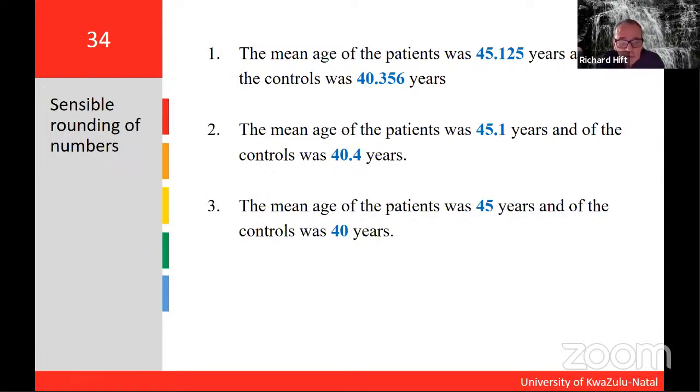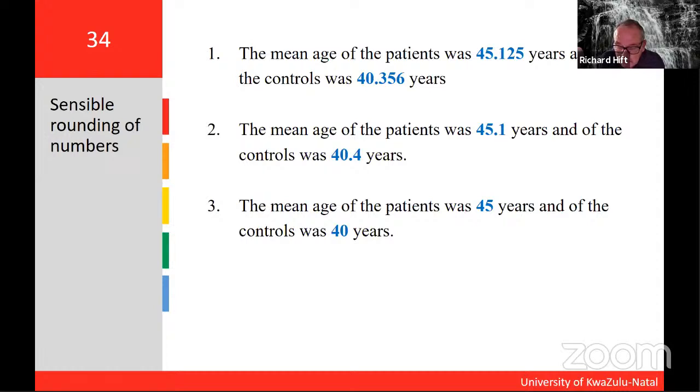So you need to use your brain in terms of deciding how many significant places or decimals, whatever it is, to put in. There's no magic formula, and it's not more scientific to put 2 decimal places or 3 decimal places. In fact, the opposite.